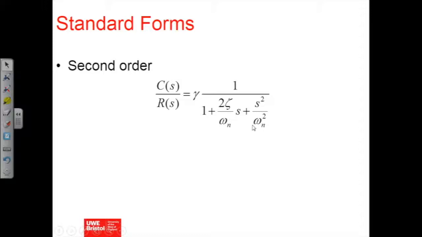Does anybody remember what omega n stands for? Natural frequency. It's the natural frequency of oscillation of that system. So with a bit of algebraic manipulation, I can pretty much immediately pull out the natural frequency for that system.